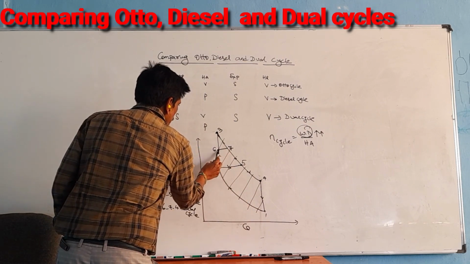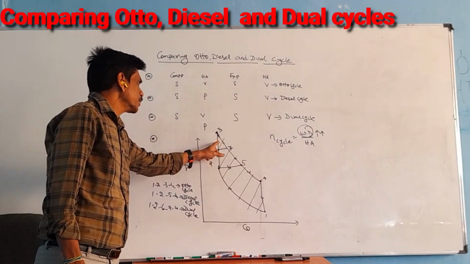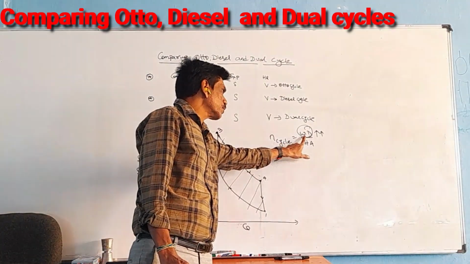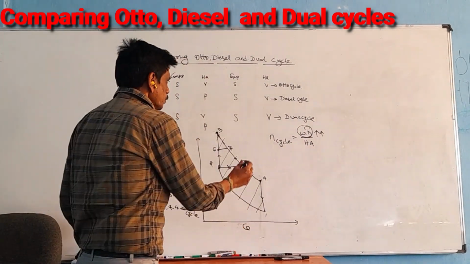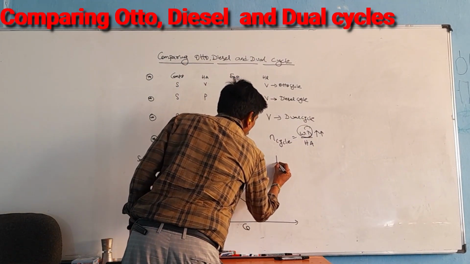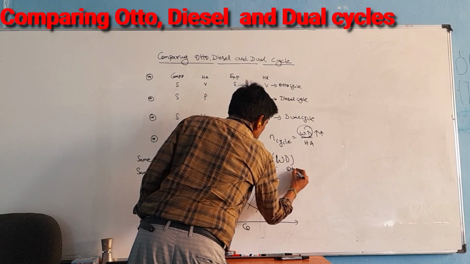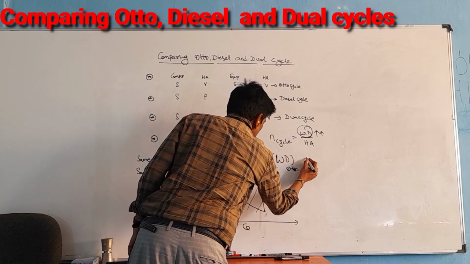Out of all these cycles, the area is more for the Otto cycle. If the area is more, the work done will be more, and if the work done is more, the efficiency will be more. Therefore, the work done for the Otto cycle is high.